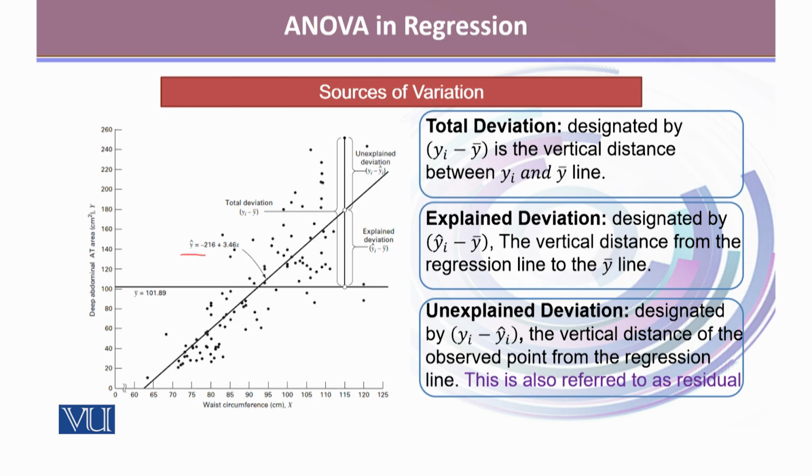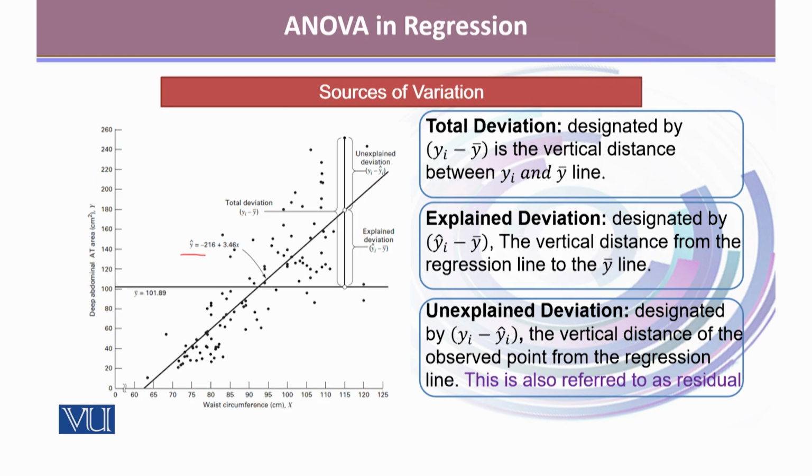The difference between these two quantities is called the total deviation. Then the other type of deviation we have is explained deviation, designated by yi hat minus y bar. Yi hat is the estimated model, and y bar is the average of the y variable, which is the vertical distance from the regression line to the y bar line.